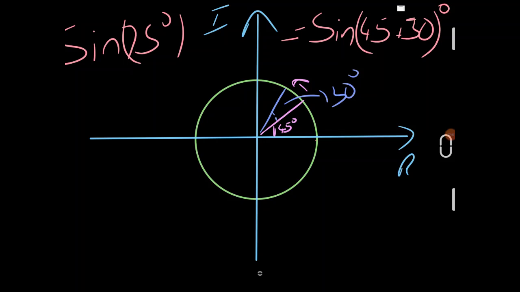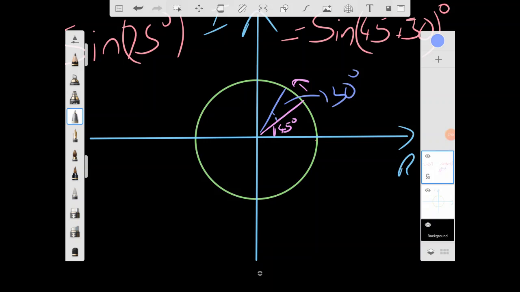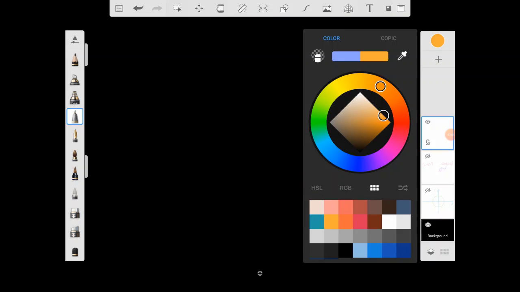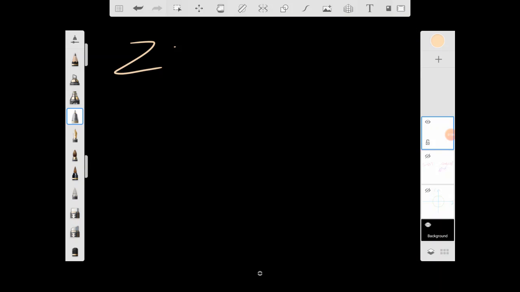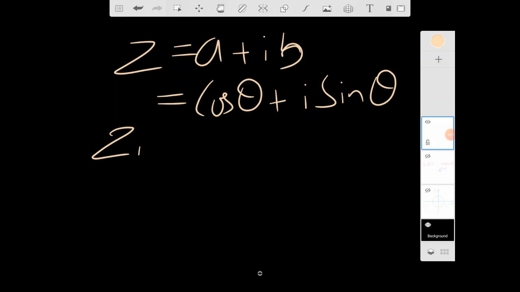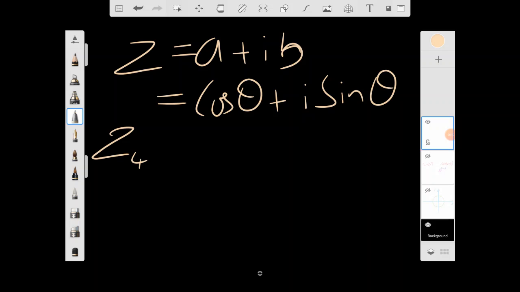So what will be that complex value? We know that this is a unit circle, and we can write z is equal to a plus ib, and at the same time we can also write it as cos theta plus i sin theta. So z subscript 45 is equal to cos 45 plus i sin 45.